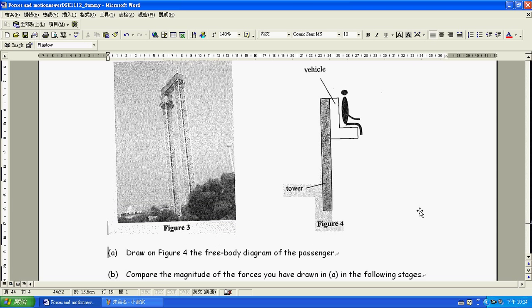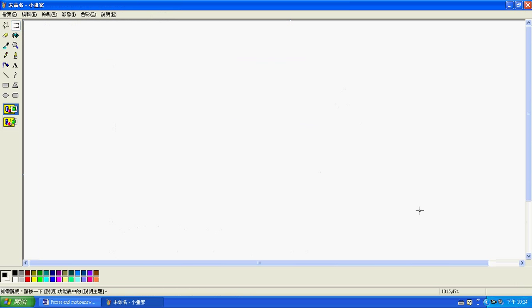Now, part A, draw on figure 4 the free body diagram of the passenger. Okay, let's capture the passenger.